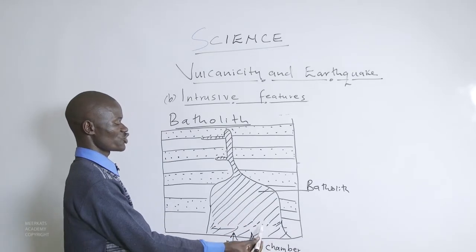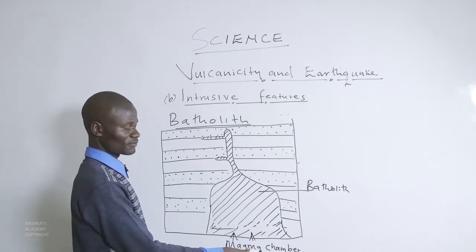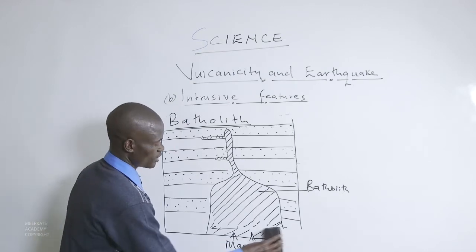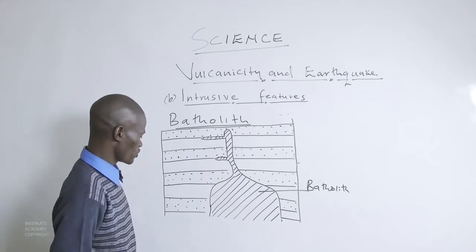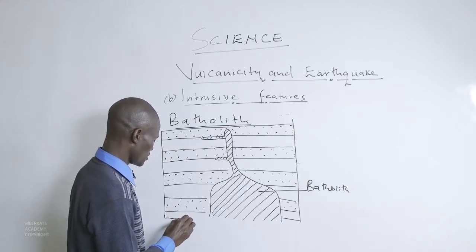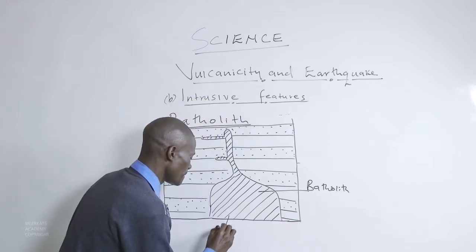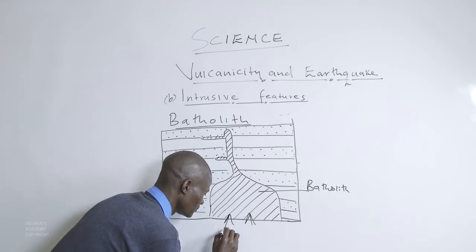When magma is trying to find a crevice or a fissure, when it is formed, you will find that it is exposed on the earth's surface only by weathering or denudation processes.